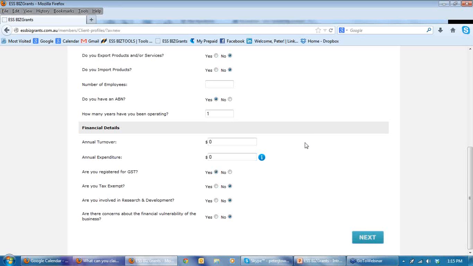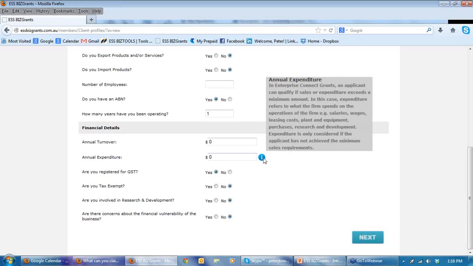Maximum is 100 million in each case, but for different entities the minimum turnover varies from 1 million, 1.5 million, and if the business happens to be located in a remote area or is serviced by businesses situated in outer regional areas, then the turnover only needs to be $750,000.